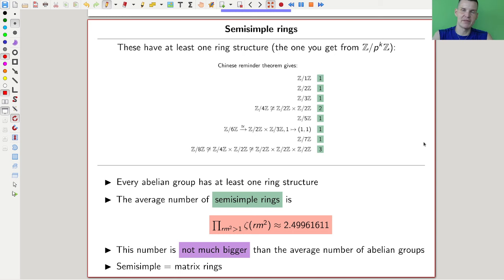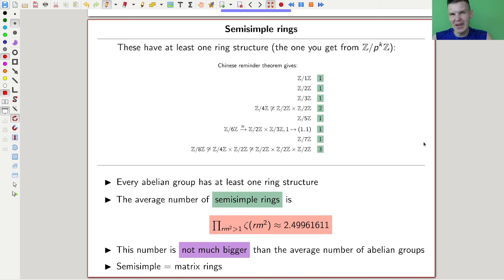Don't worry about the semi-simple too much. It's a large restriction, but it essentially says it's a matrix ring. A ring is really an abelian group plus a multiplication, and every abelian group has at least one multiplication structure, so it looks like a generalization, because you have this abelian group which has one canonical multiplication structure, and then there might be different crazy multiplication structures.